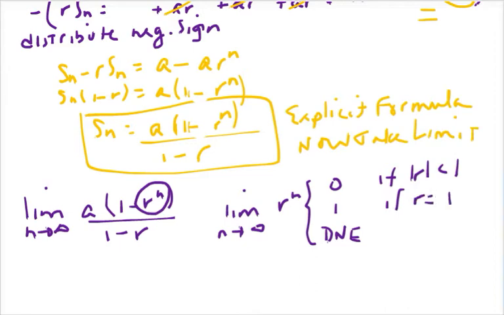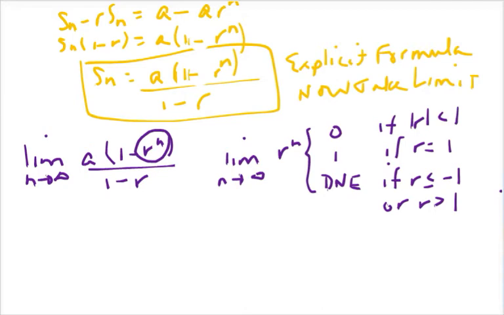If R was equal to 1, then the limit was 1, and if R was less than or equal to -1 or greater than 1, then this limit did not exist. So we're going to look at 3 cases, and that gives you what happens with the geometric series. And I'll just summarize it, and then that's going to be it.